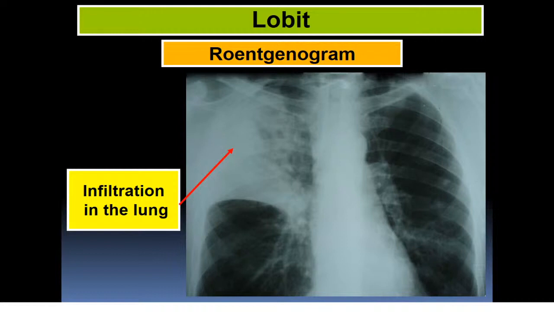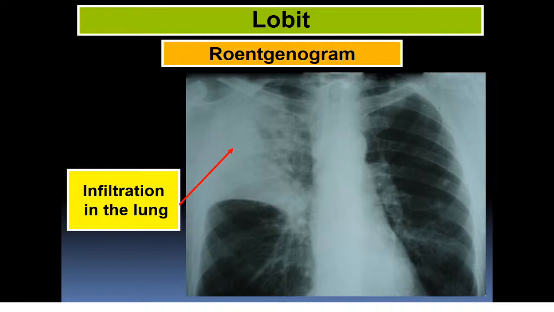On X-ray, in this type of infiltrate, we can see decrease of pneumonization of the whole lobe of the lung. One lobe of the lung.